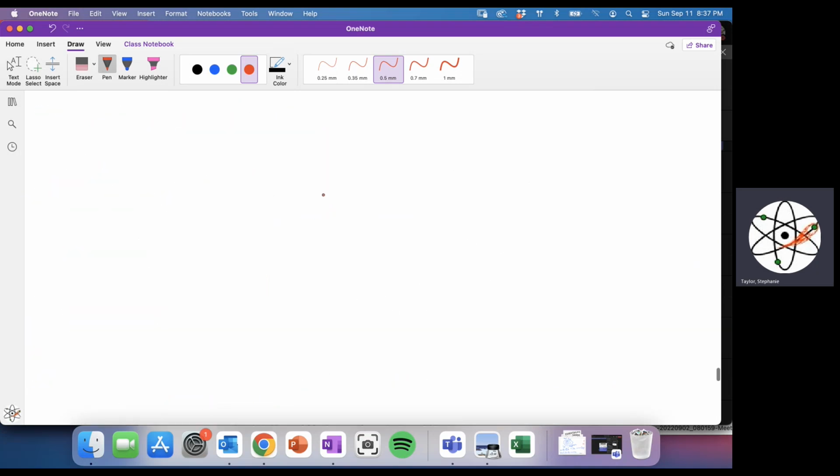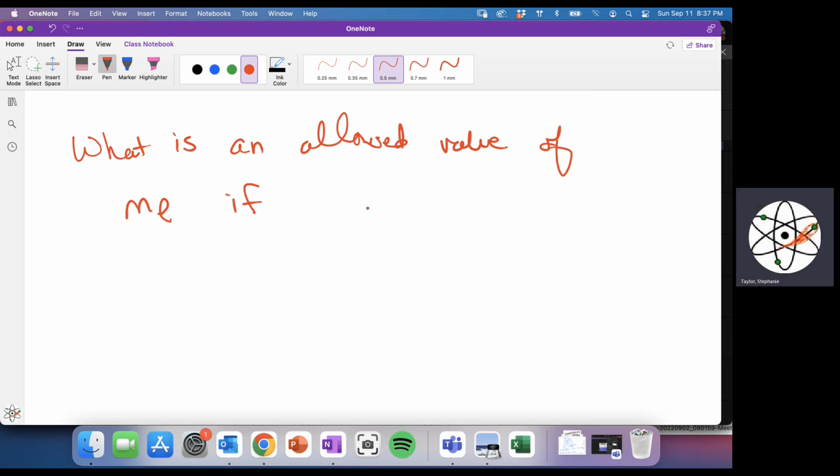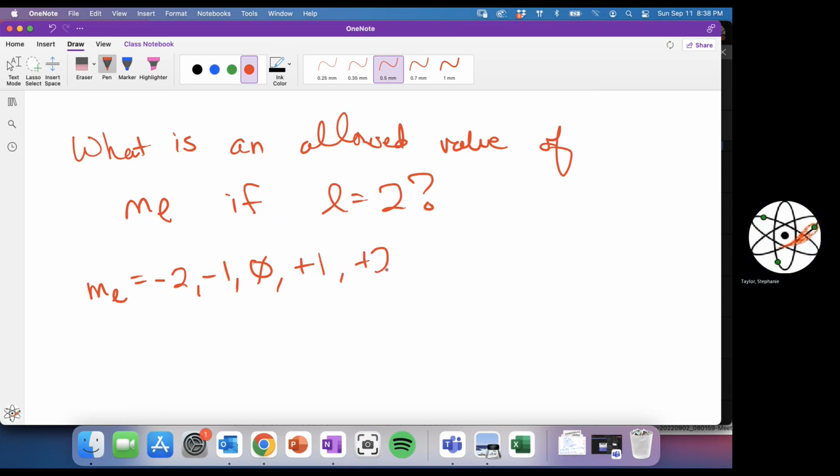If I had asked something like, what is an allowed value of m sub L if L is equal to 2? So I'm going to use the same general set we were just talking about. So L is equal to 2. M sub L values therefore have the same set we talked about earlier in this video, negative L to 0 to positive L. So the question that was asked was, if this is asking you for a single value, how do we pick?